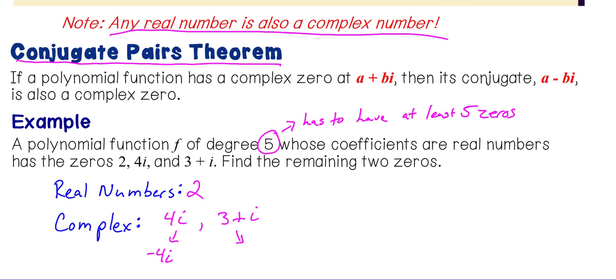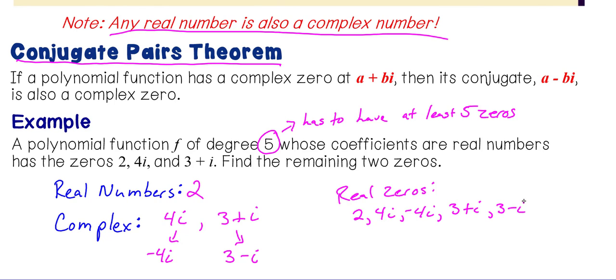And if 3 plus i is a zero, then we also have to have 3 minus i. So our zeros for this problem would be 2, 4i, negative 4i, 3 plus i, and 3 minus i. So those would be all of our zeros.